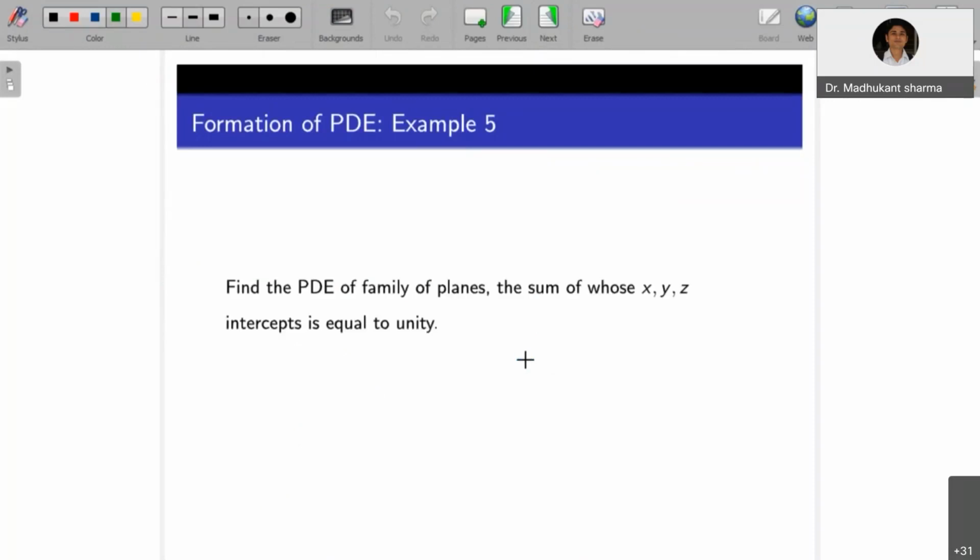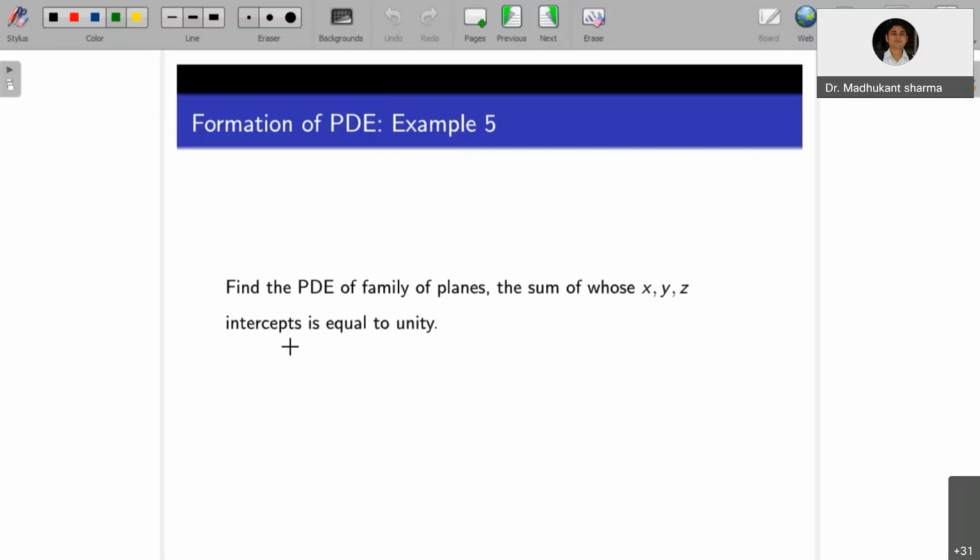Right, now I think this is the last example about the formation of PDE. So we are interested in finding the PDE of the family of planes, the sum of whose x, y, z intercepts is equal to unity. If you recall, what is the intercept form of the equation of a plane?